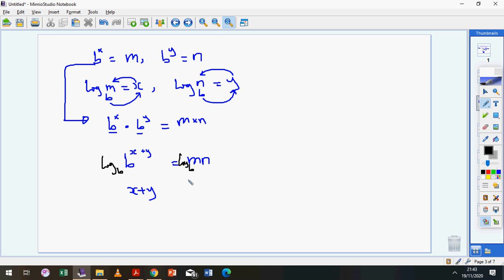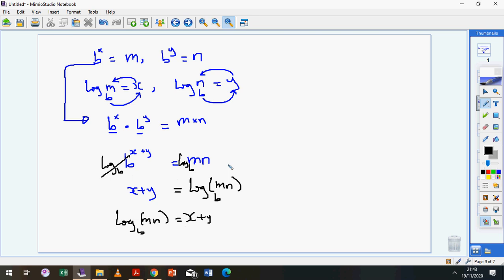This is also another valid mathematical operation. I can introduce logarithm to the base b on both sides, and remember, every time I have this scenario, b and b in the same place, that's going to cancel out, and I'll just be left with x plus y. So I have logarithm base b of m times n is equal to x plus y.